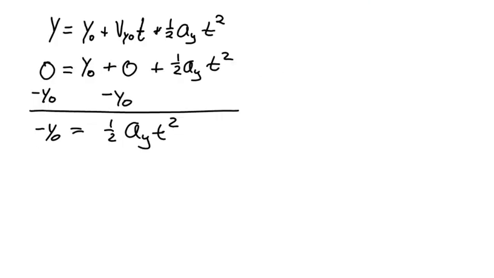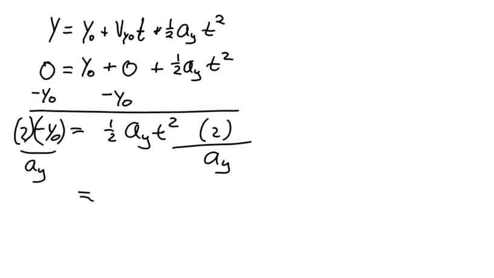Then I'm going to multiply both sides by 2 to get rid of that 1/2. Divide both sides by ay. So times 2 and divided by ay, times 2 and divided by ay. There we go. So we got t squared is equal to negative 2 y naught over ay.